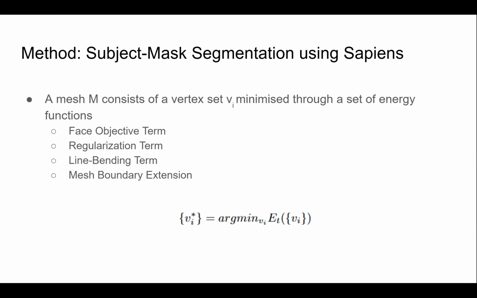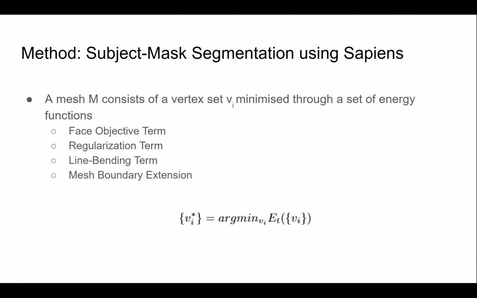Now, moving on to the optimization. In the optimization process, we're trying to optimize a mesh M consisting of vertices Vi, which are optimized by minimizing an energy function. The energy function consists of four terms. The face objective term measures how well the mesh aligns with the detected faces in the image. The regularization term regularizes the mesh by encouraging smoothness between adjacent vertices.